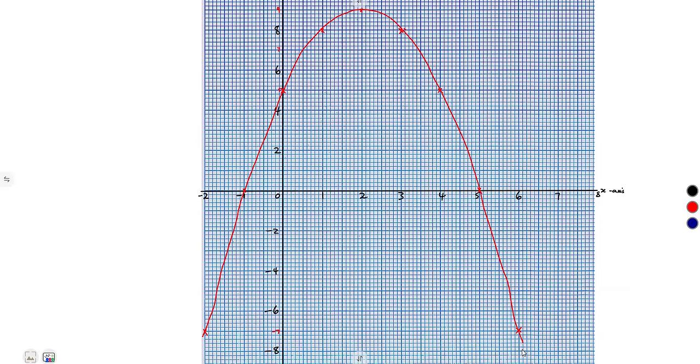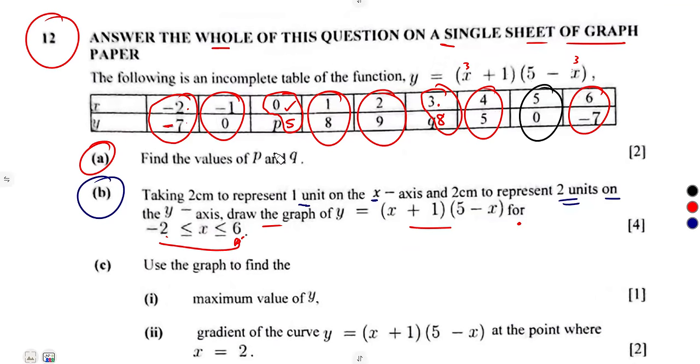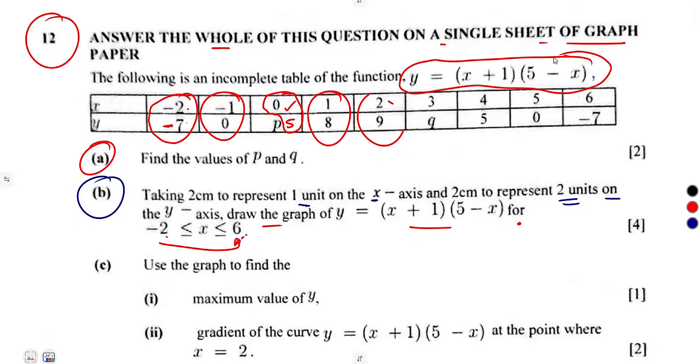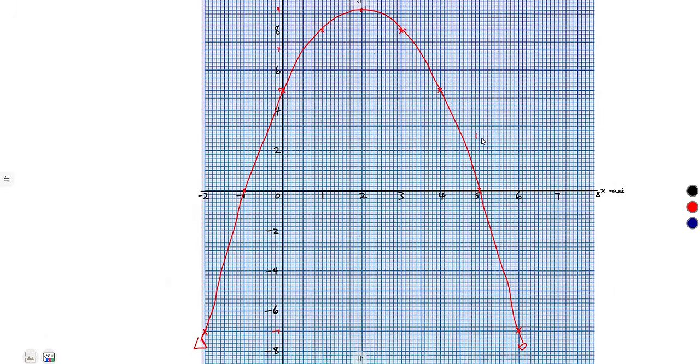All right, so that was our curve, a quadratic function from those points that you're given. So you write down its equation, y is equal to that relationship that you were given here. So that's y is equal to x plus 1 into 5 minus x, just like that.